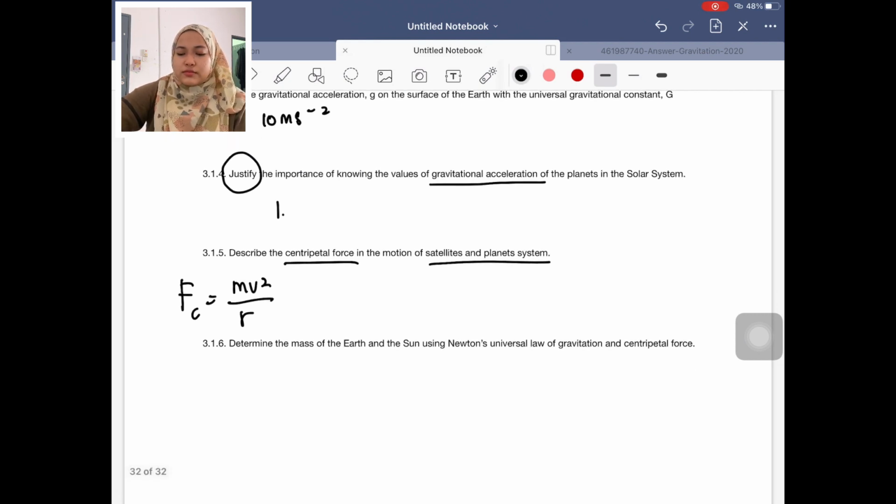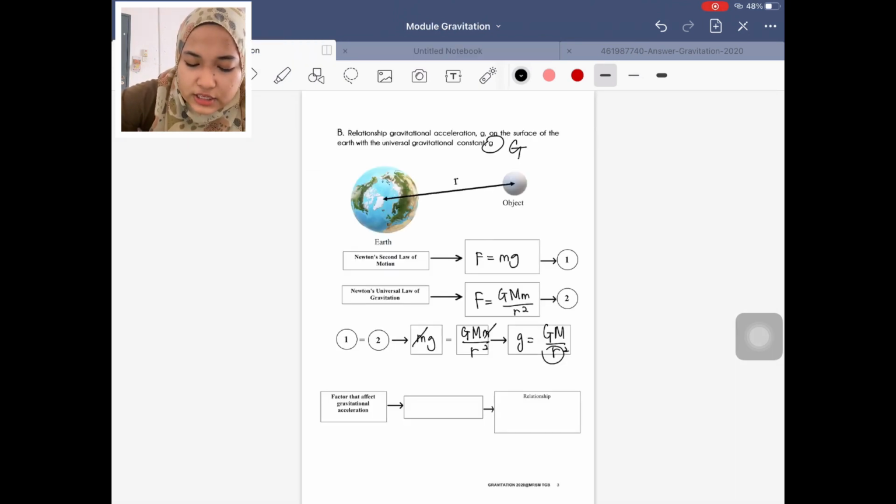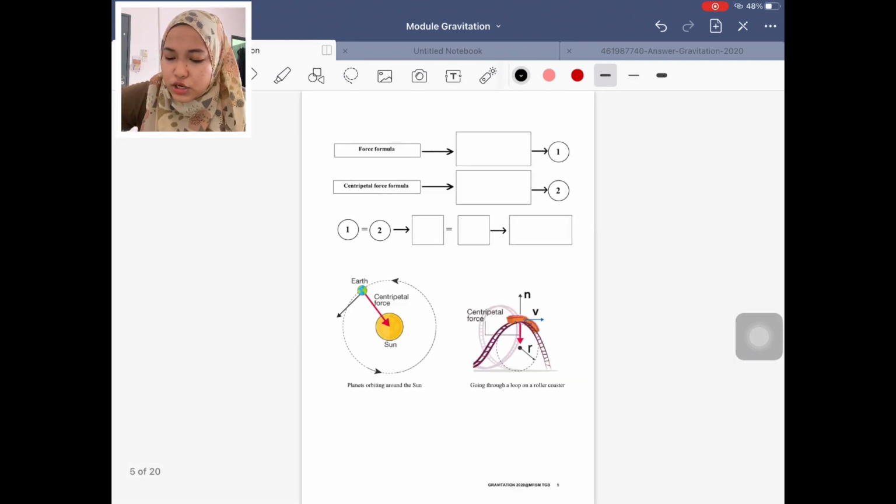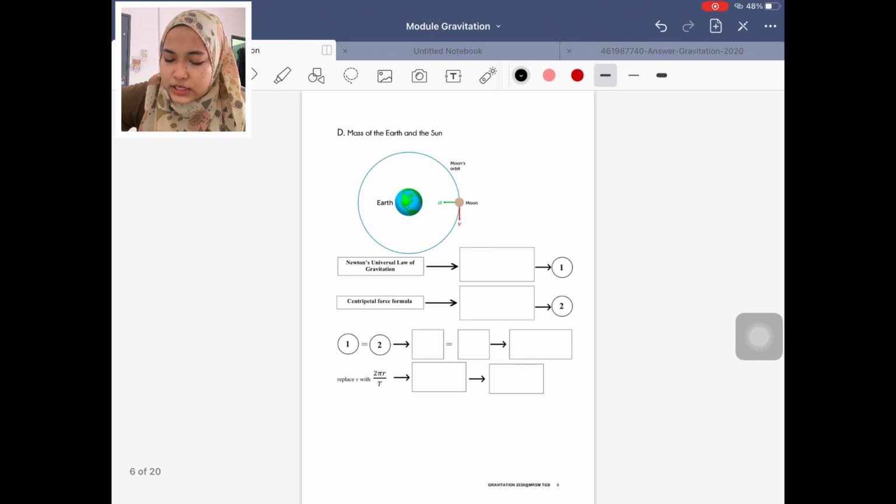Determine the mass of the earth and the sun using universal law of gravitation and centripetal force. Yang ni kita boleh tengok balik dekat modul. Macam mana kita nak determine the mass of the earth and the sun using the universal law of gravitation and centripetal force formula. I hope you can do revision after this.